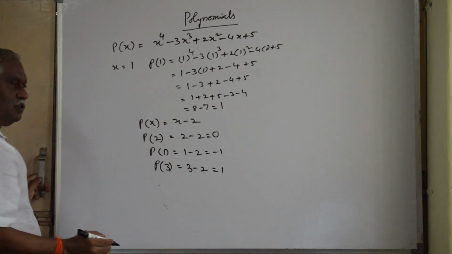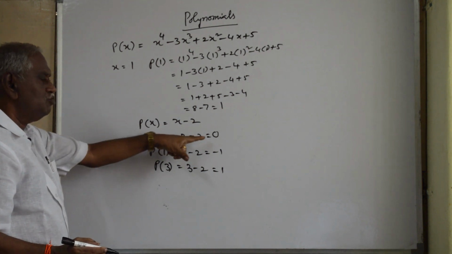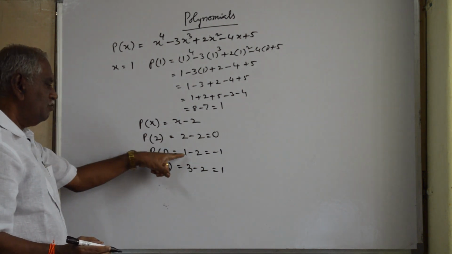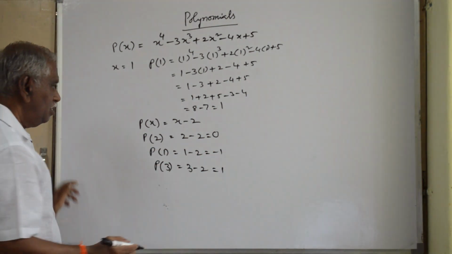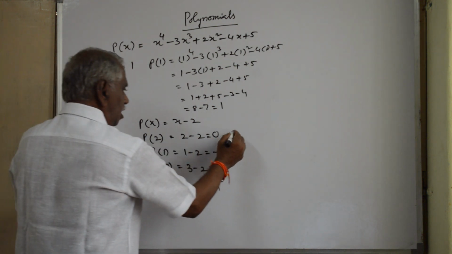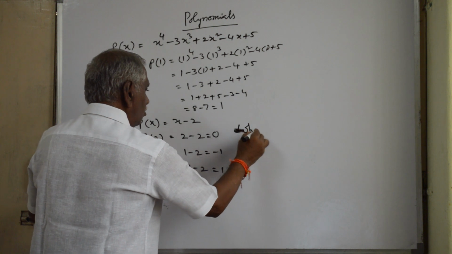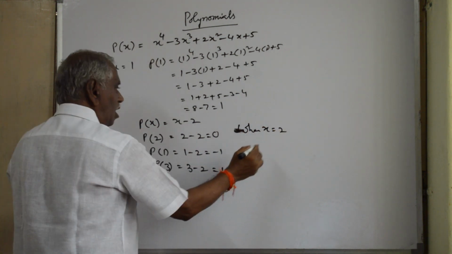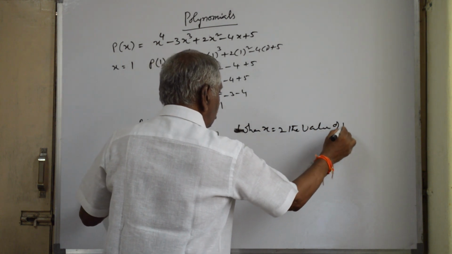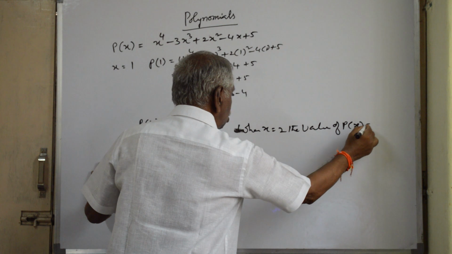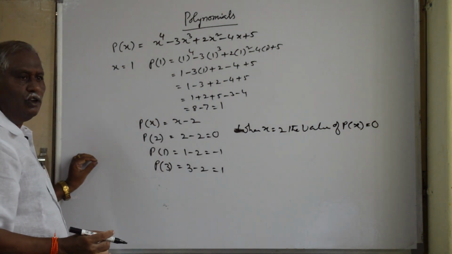Here, if you consider the values, P of 2 is equal to 2 minus 2 is equal to 0, and P of 1 is equal to 1 minus 2 is equal to minus 1, and P of 3 is equal to 3 minus 2 is equal to 1. Here, when x is equal to 2, the value of P(x) is 0.